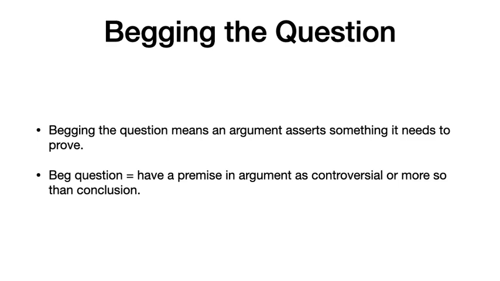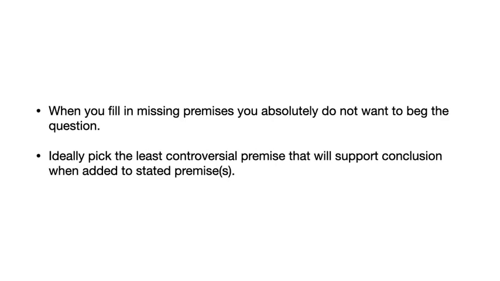This is actually an important concept for reasons I'll talk a bit more about, but it's especially important when we fill in missing premises. When you fill in a missing premise, you absolutely do not want to beg the question. You do not want to plug in a premise that is more controversial than the stated conclusion. If you do that, you have given the other person a bad argument.